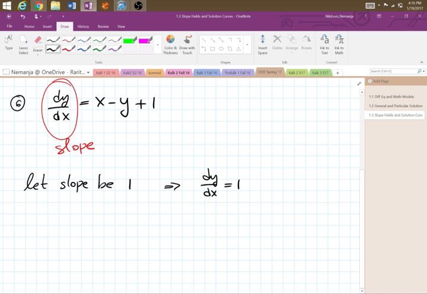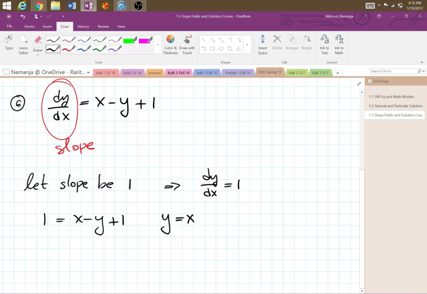So what happens afterwards? As soon as you have dy dx equal to 1, you can plug that in your differential equation and it becomes just a simple graph of a function. So now when I plug everything in, it becomes 1 equals x minus y plus 1. And I get y equals x. So what is this?